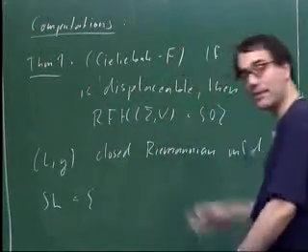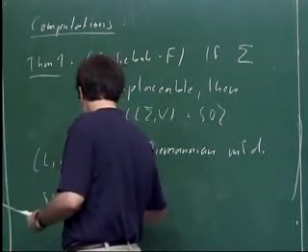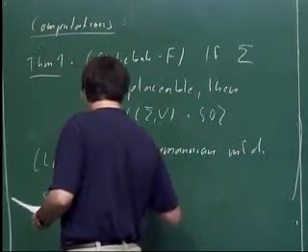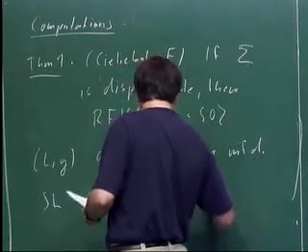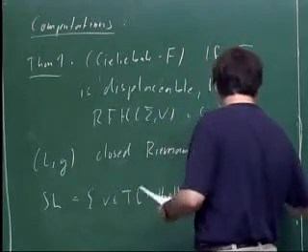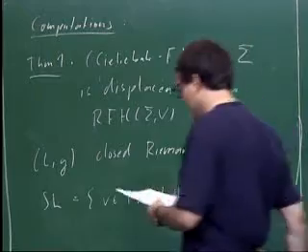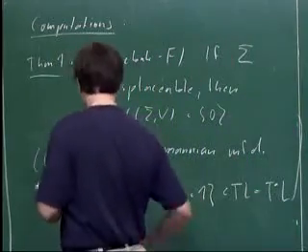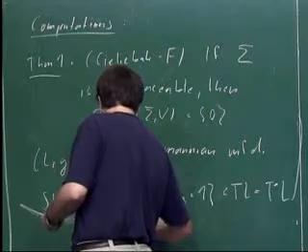We have a Riemannian metric, so we identify tangent and cotangent bundle. So SL consists of the tangent vectors of length 1 in the tangent bundle, identified with the cotangent bundle. This is the unit tangent bundle.